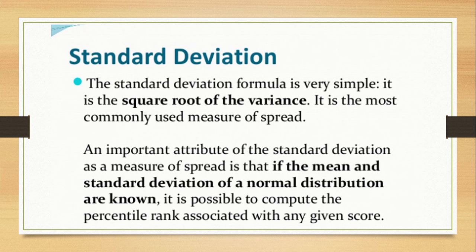An important attribute of the standard deviation as a measure of spread is that if the mean and standard deviation of a normal distribution are known, it is possible to compute the percentile rank associated with any given score.